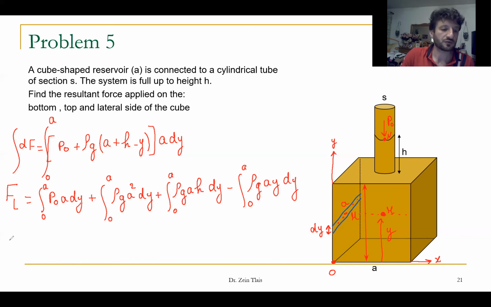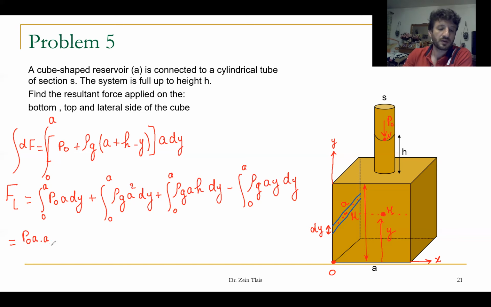Okay, so here we have P0 a is constant, and the integral of dy equals y, and we have a, we can write a directly.